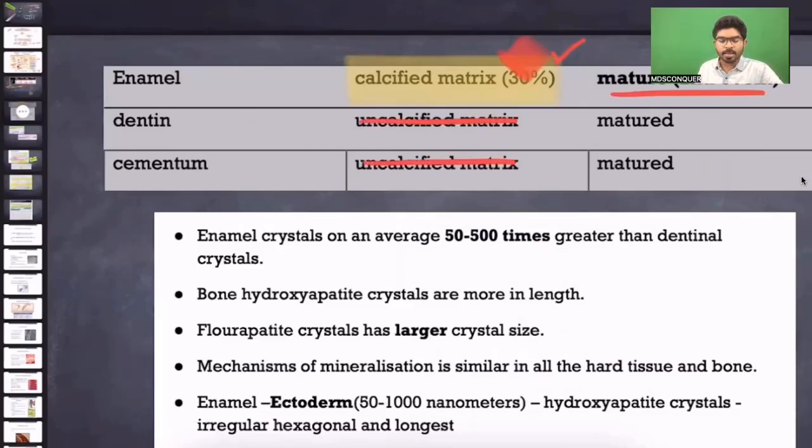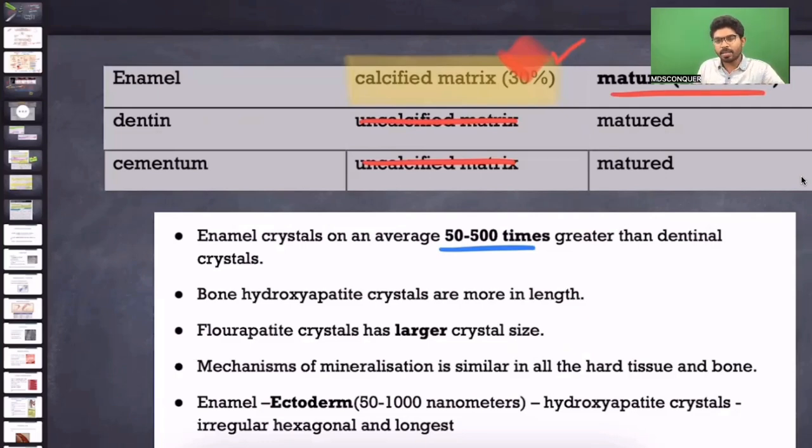Okay, the next one is, enamel is going to have hydroxyapatite crystals. The crystals which are present in the enamel are 50 to 500 times, it varies by reference, it may be Orban's, the number may be different, but the main important thing I want you to notice is that they are larger in size when compared to the crystals present in the dentin.